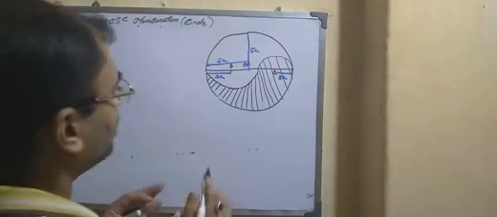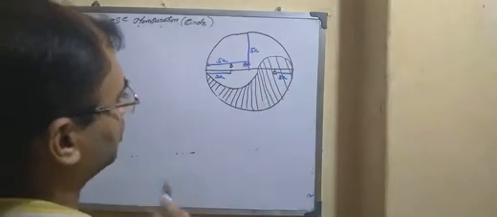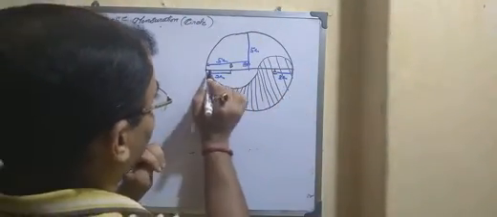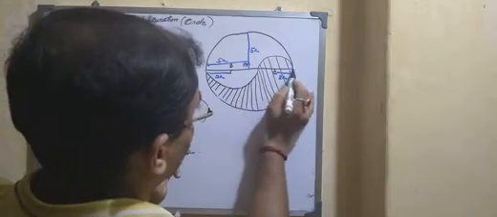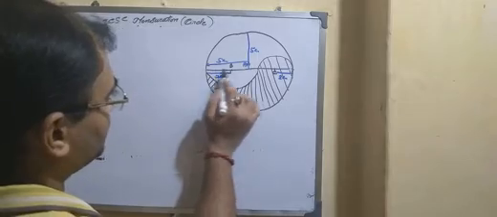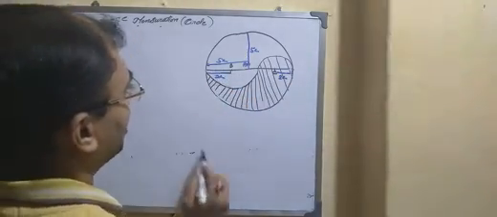So first we are going to calculate the area of the shaded portion. That means first we have to find out the area of the half of semicircle, that means this portion, where the radius is r.